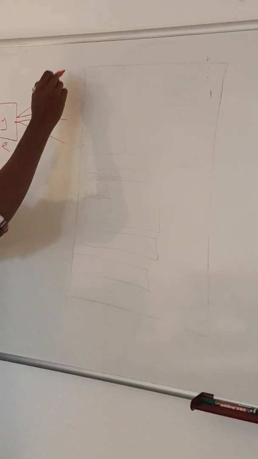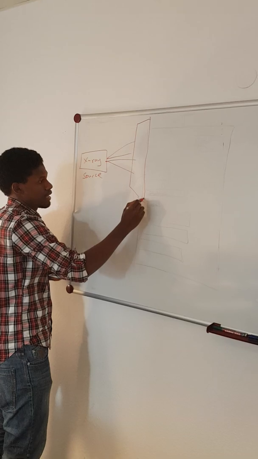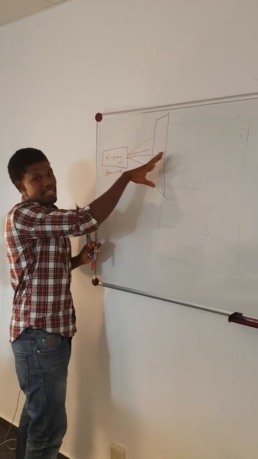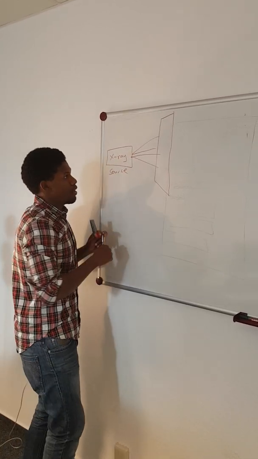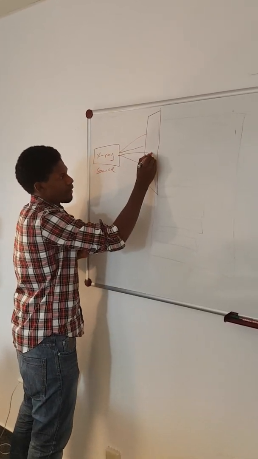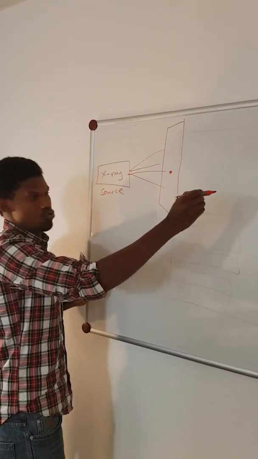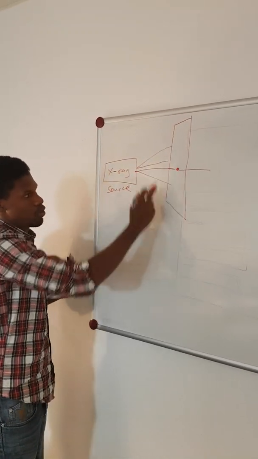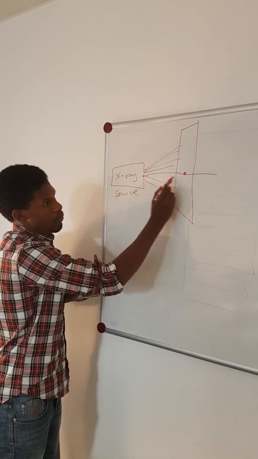In the path of the incident beams, we can have a lead plate. This lead plate will block all the incident beams coming from the X-ray source. However, we can make a small hole here, and this small hole will allow the X-ray to go through. All the rest will stop here, but this one will go through.